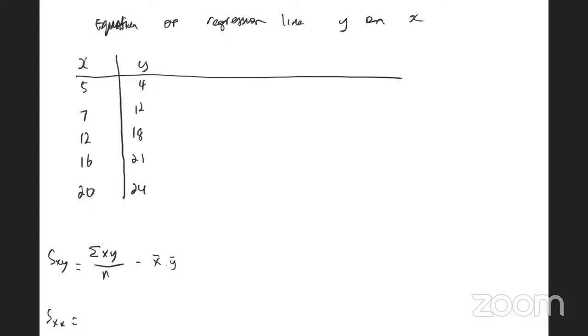And then here, we need the sum of x squared on n minus the mean squared. Are you okay with that?